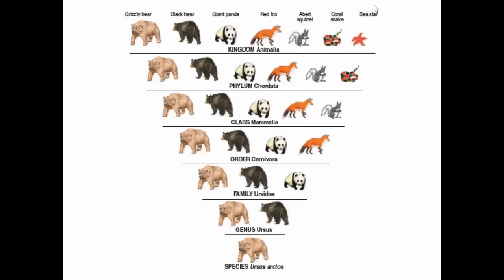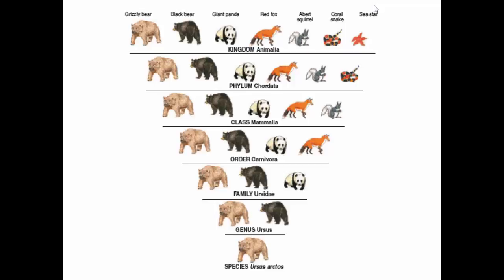We go down one more level to family. Now we're getting much more specific. Ursidae is the family of bears. All bears are in family Ursidae. Is a panda a bear? Yes, that's why it's in the family Ursidae. So these are obviously pretty similar. Then we go down to genus, genus Ursus. This includes these bears, but the panda is in a separate group.